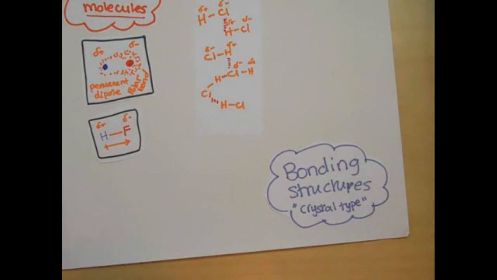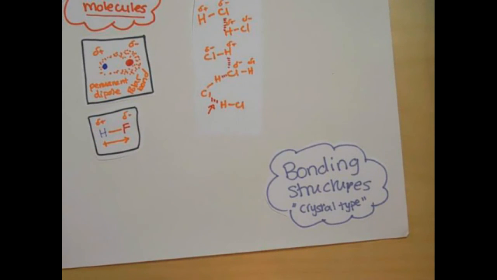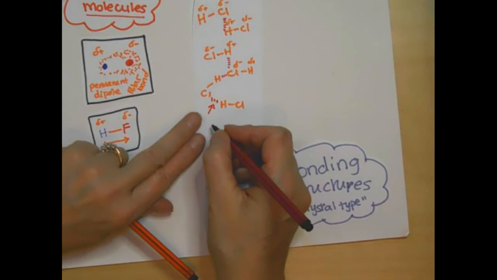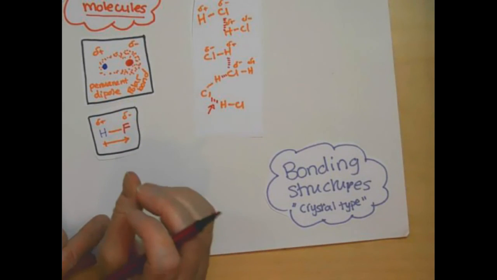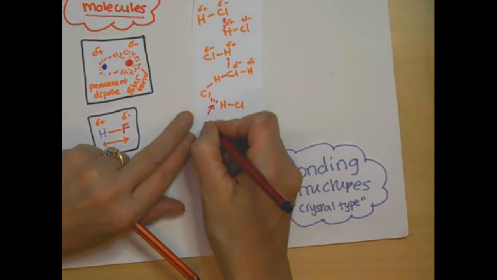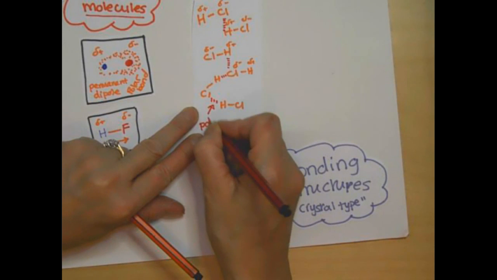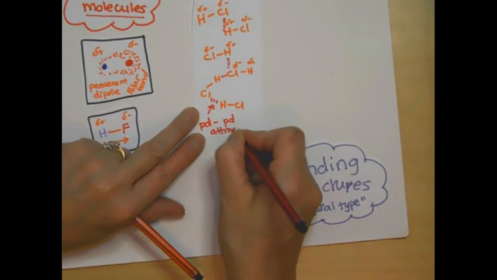So we've got these intermolecular forces of attraction, which we call dipole-dipole attractions. So they're across space, they are between molecules, and they're a little bit stronger than the van der Waals forces, which are transient. So these are our permanent dipole attractions.